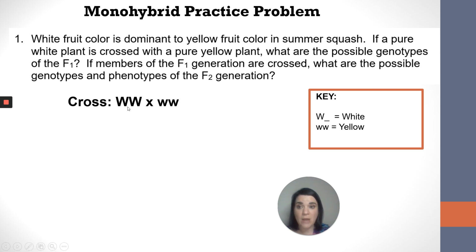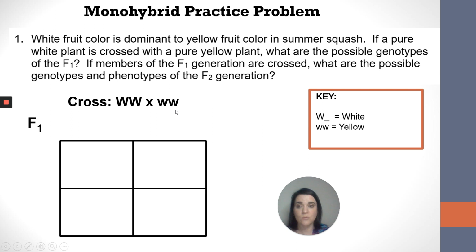So if it's a pure white plant, it's going to be capital W, capital W, and it's crossed with a pure yellow, which means it's homozygous. And anything that shows the recessive trait, right? If it has the phenotype of the recessive trait, it's always going to be homozygous recessive, right? So the initial cross, the parents are capital W, capital W, homozygous dominant, crossed with lowercase w, lowercase w, a homozygous recessive.